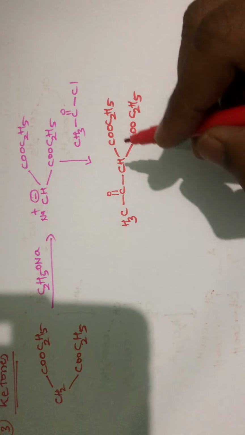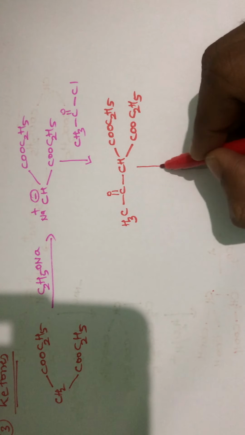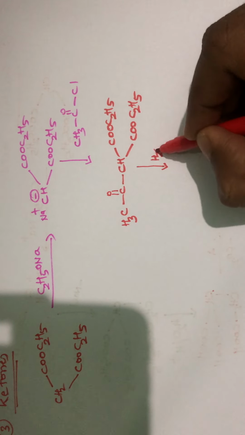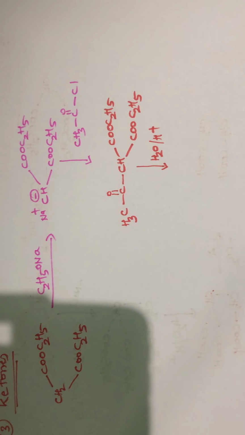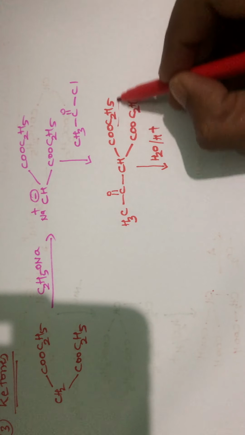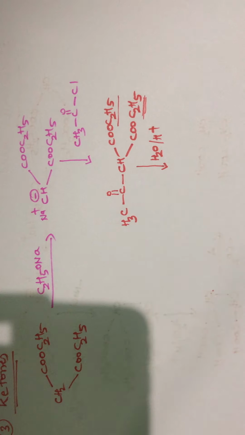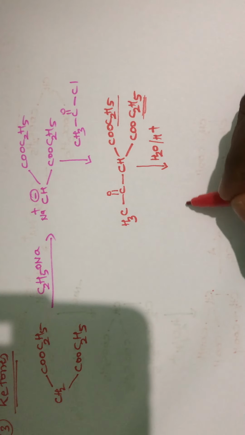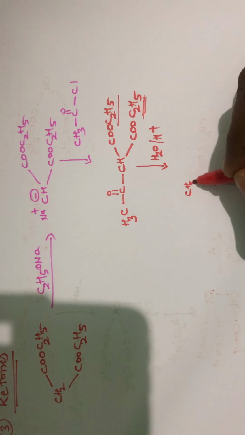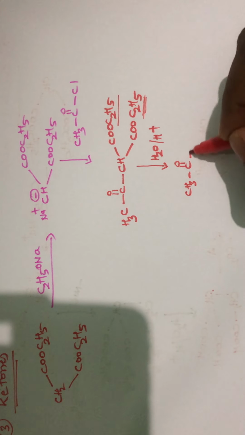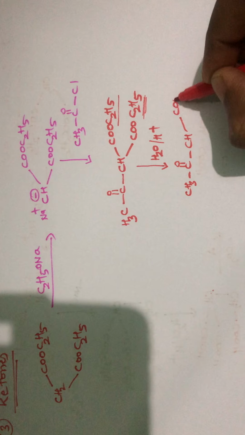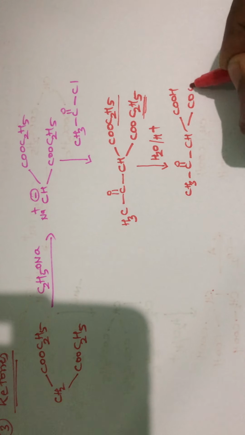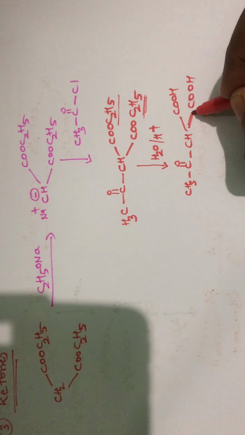This is subjected to acid hydrolysis, and you know that on acid hydrolysis this ester gets converted into the corresponding acid. So you get this compound, CH3C(=O)CH(COOH)COOH. This is what you get.